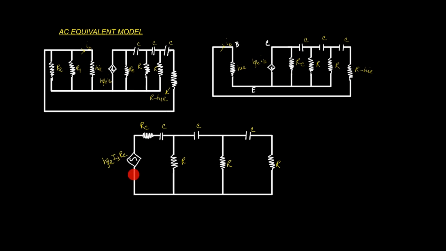So here we can see the voltage source connected with series resistance and the remaining RC sections, and you can see that R minus hie plus hie gives resistor R. And now we have to analyze this circuit to calculate the frequency of oscillation and hfe.